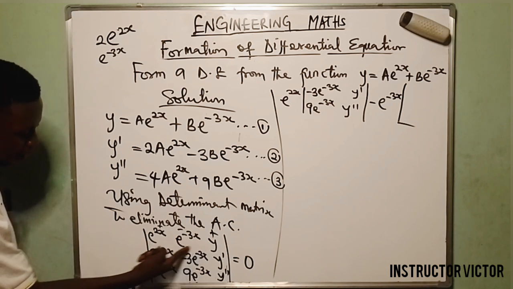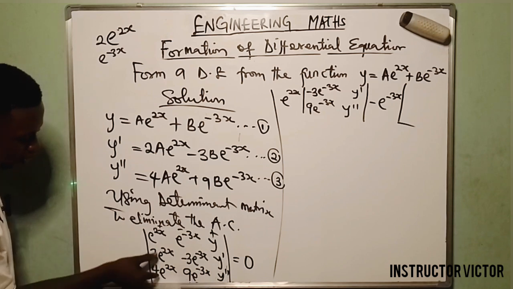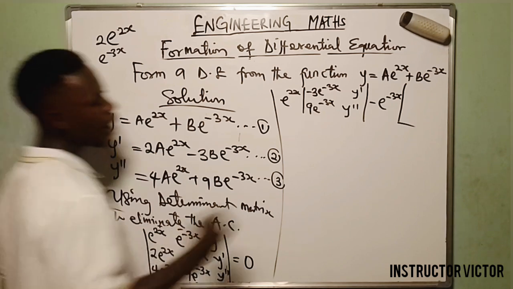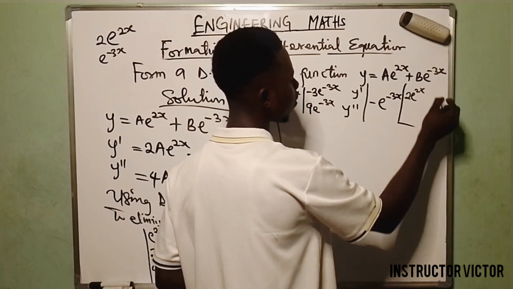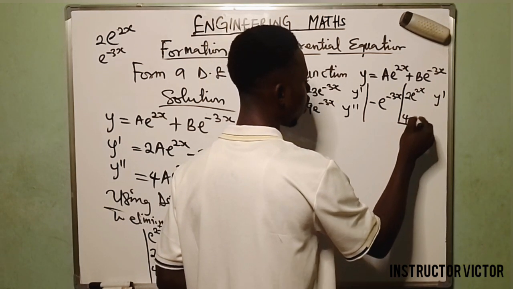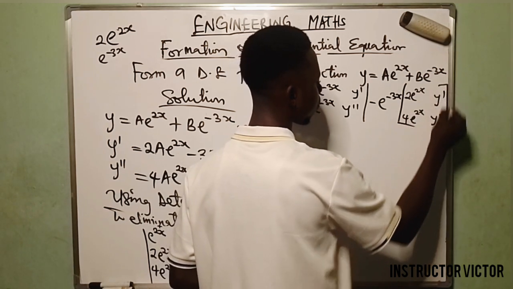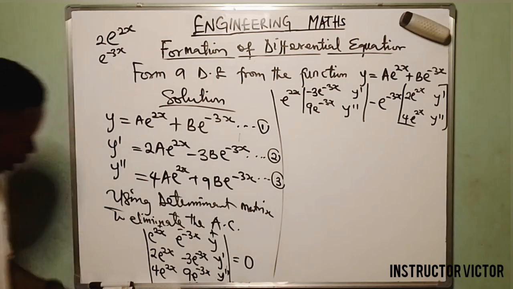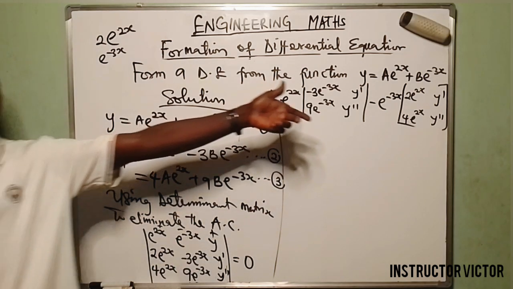Anything that is beneath exponential minus 3x, don't write it. You only take this and this. So you have 2 exponential 2x y prime, and then 4 exponential 2x y prime prime. Look at what I did here. This and this, and then this and this. That is what I have there.